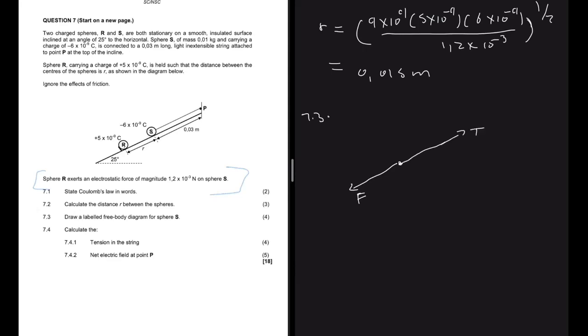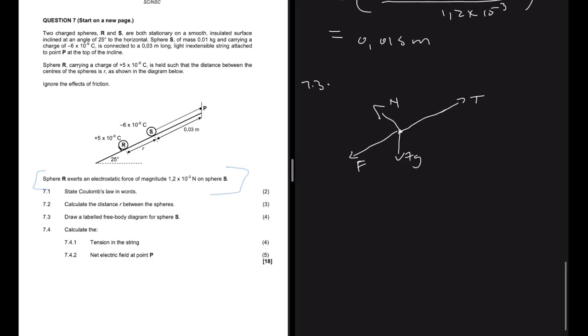So going up, we have some tension there, and then obviously we have gravity, and then it's on a surface. So because it's on a surface, we're going to have the normal force. And then what else do we have? We have the tension, we have the weight, we have the normal force, we have the F, the force applied by R. So I think, yeah, that's it, we're done. And then let's move ahead.